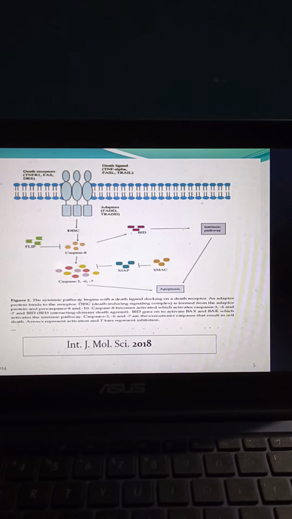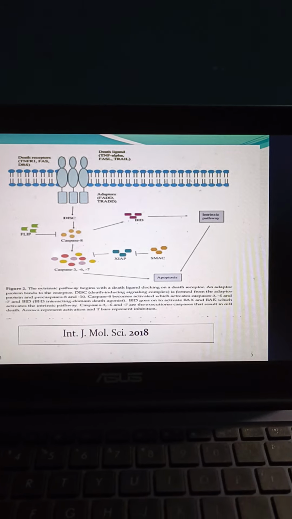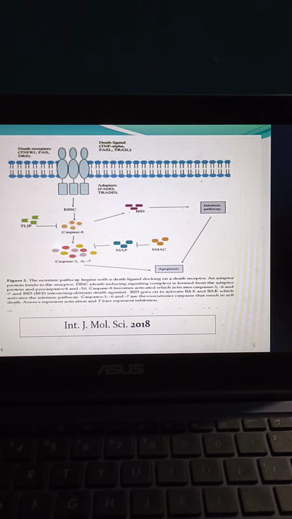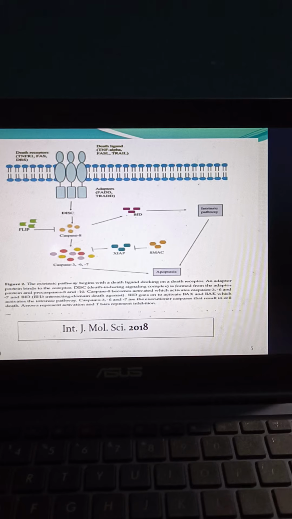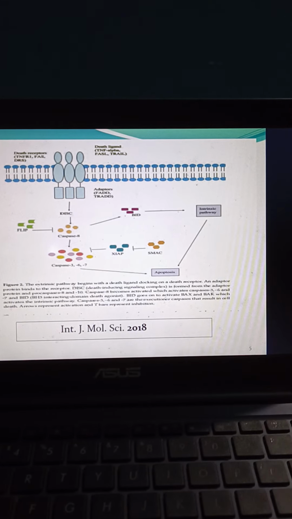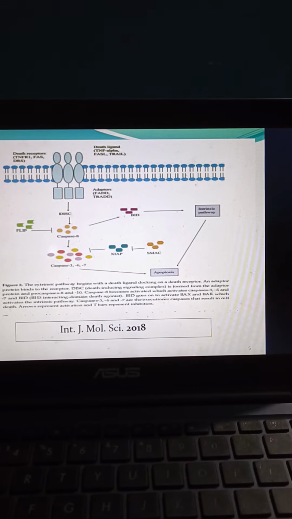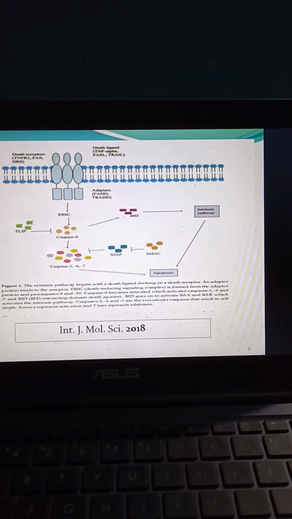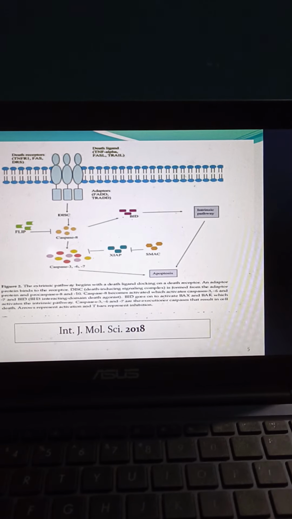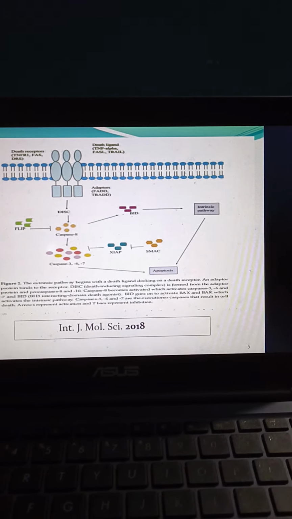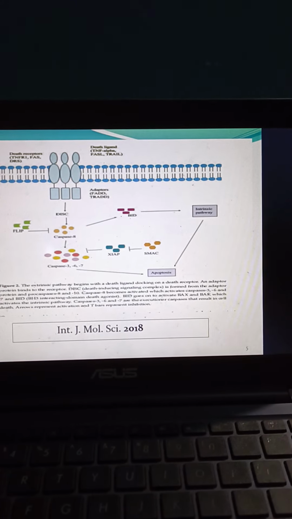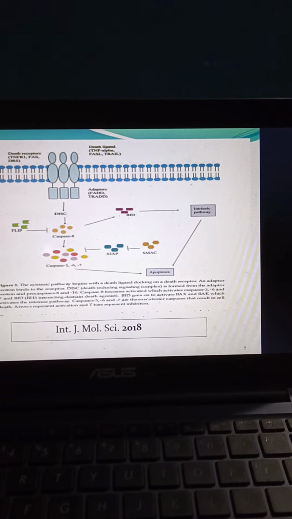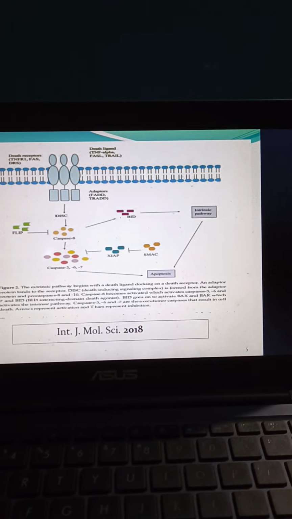Then caspase 8 becomes activated, which activates caspases 3, 6 and 7 and BID, BH3-interacting domain death agonist. BID goes on to activate BAX and BAK, which activates the intrinsic pathway. Caspases 3, 6, 7 are the executioner caspases that result in cell death. Arrows represent activation and T-bars represent inhibition.